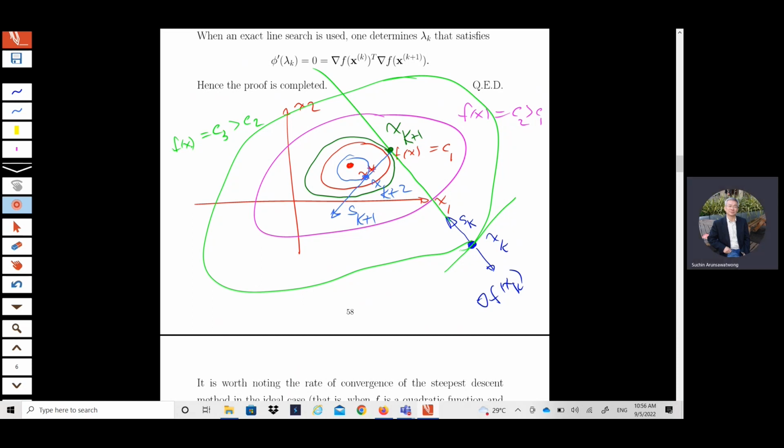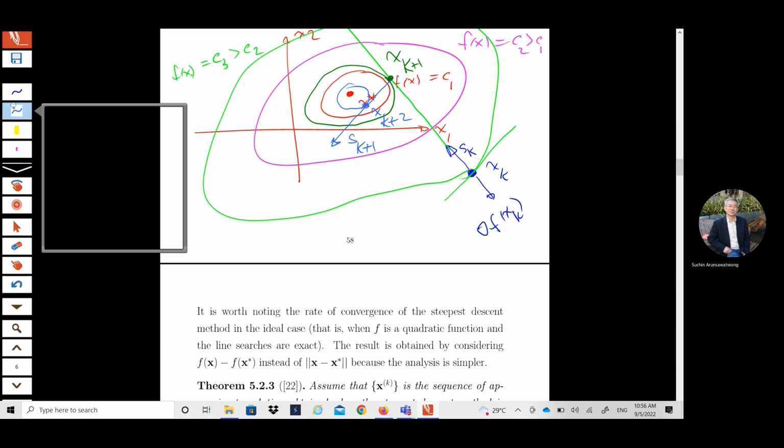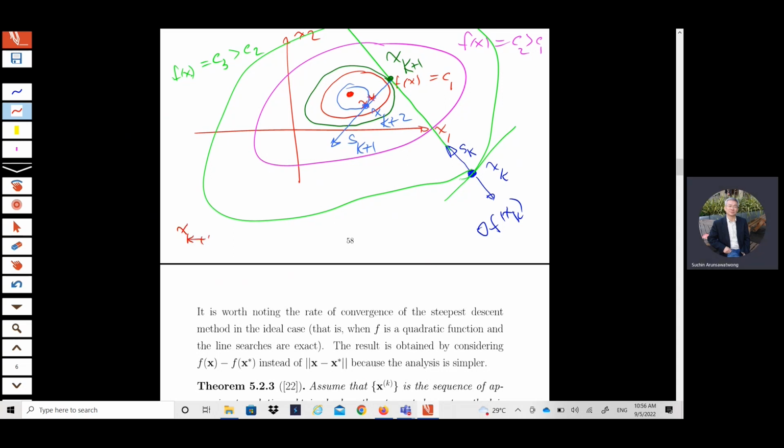And now, what is this? The vector xk plus 1 minus xk is in fact equal to lambda k sk, right? From the update formula, xk plus 1 is equal to xk plus lambda k sk. So if we move the xk to the left-hand side, then we have xk plus 1 minus xk equals lambda k sk.